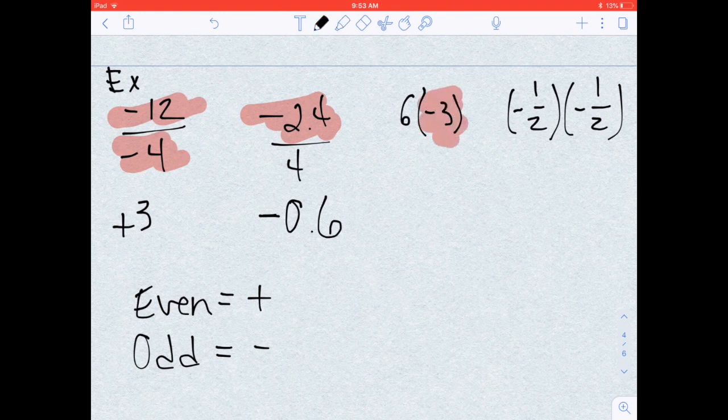I have 1 negative, so that's odd, so I know I'm going to have a negative answer. 6 times negative 3 gives me negative 18. On my last problem, I have negative 1/2 times negative 1/2. Two negatives would be even, so it's going to give me a positive answer. Then I multiply my fractions to get 1/4.